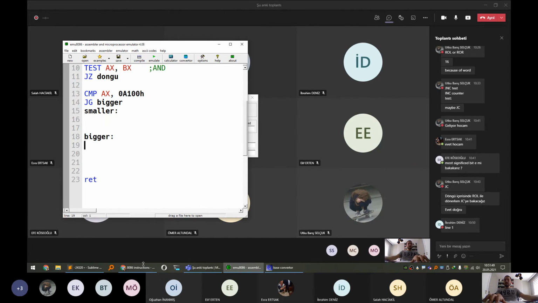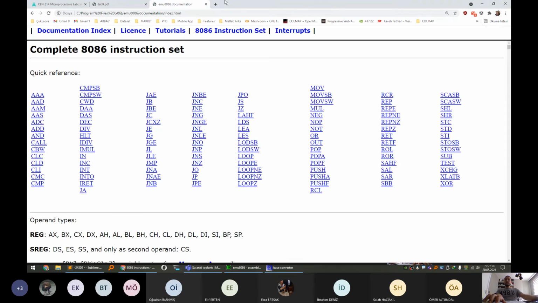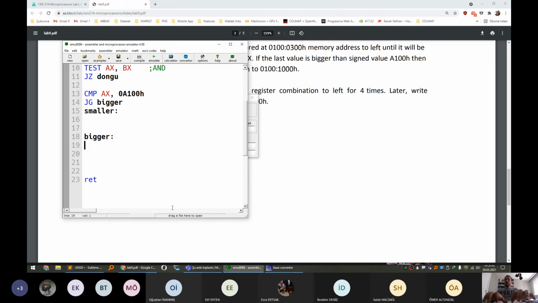The bigger part writes what? Bigger is writing AA into 1000.